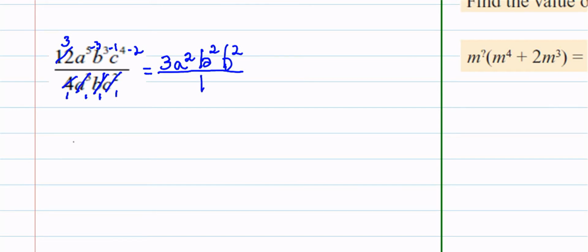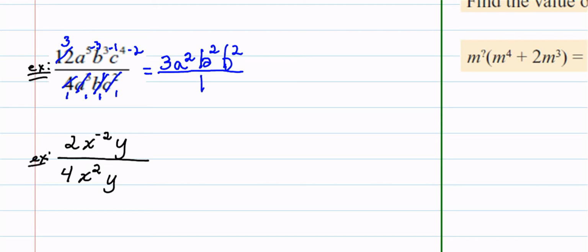Let's say we have, maybe, 2x to the negative 2, y, over 4x squared y. So what about this problem? This is going to be my next example. Let's take a look.